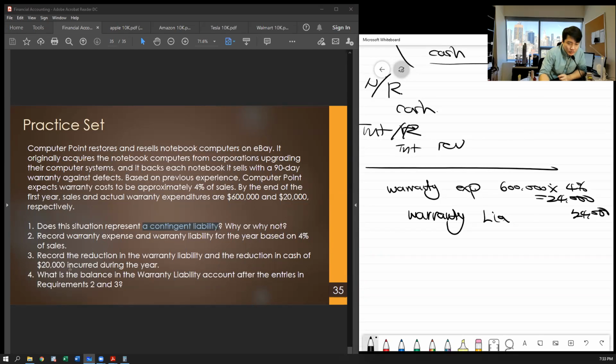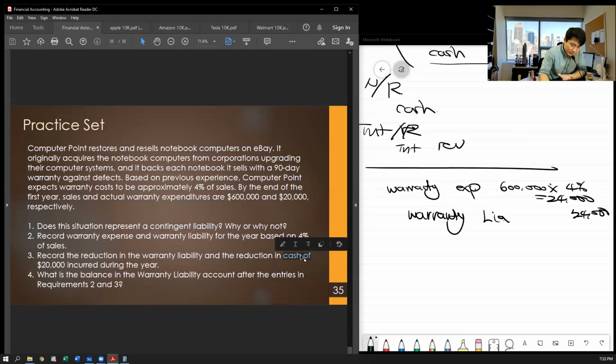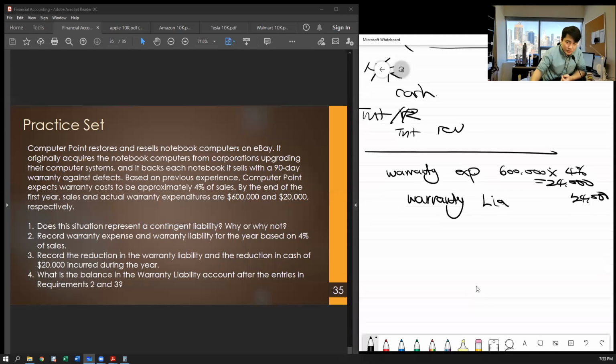Record the reduction in the warranty liability and the reduction in cash. The company will use cash incurred during the year. Whenever customers come back to claim the warranty, you reduce the warranty by debiting liability of $20,000, and we credit cash of $20,000.